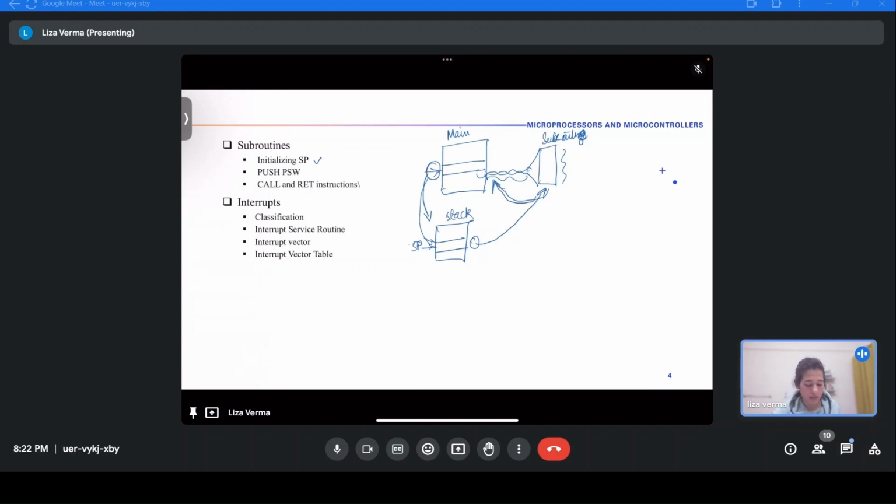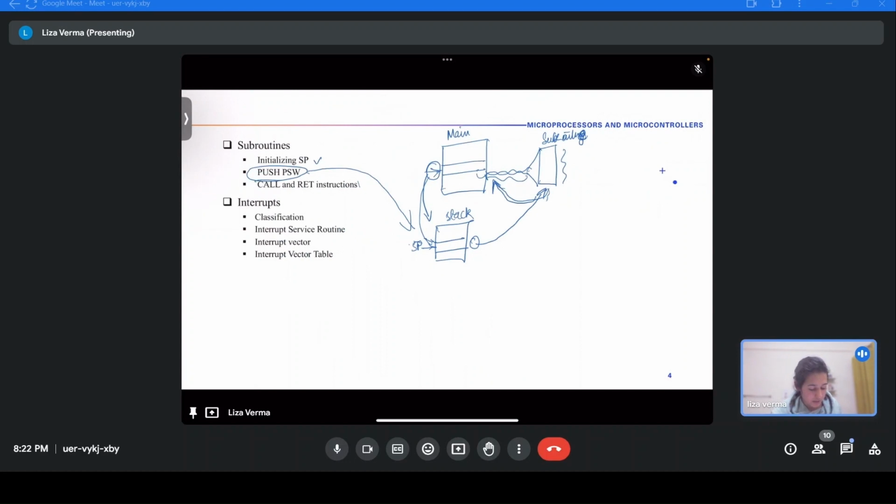And for the time being, if it is required that you store the current status of the MUPI also, then you push the program status word also. And once you get back, it has to be in sequence.